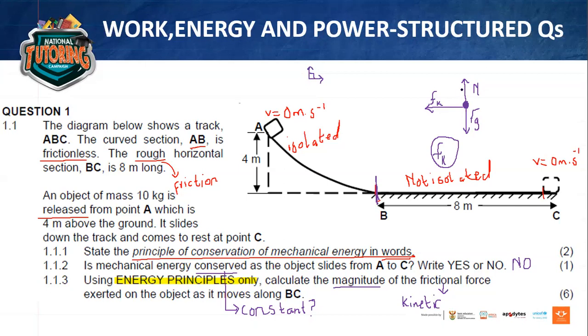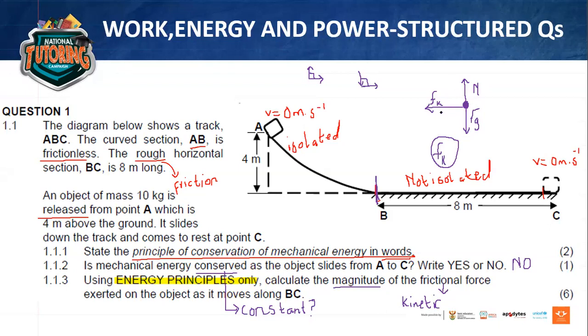So it will not do any work. The force of gravity is also not doing work, because it is acting downwards, the direction of displacement is to the right, and therefore it makes an angle of 90 degrees.